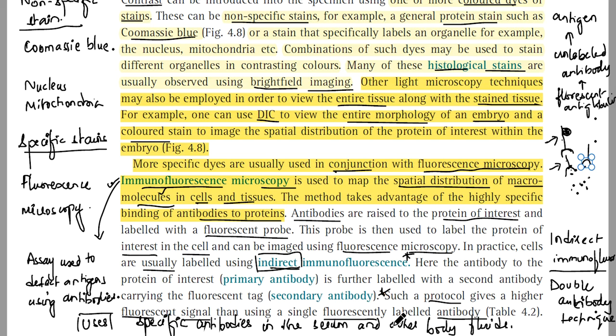Just remember the difference: in the direct one, the fluorescence is added to the first antibody. There is no secondary antibody, only the primary antibody, with fluorescence added to it. But in the indirect one, the fluorescence is added to the secondary antibody. And why is indirect more preferred? Because it gives a higher fluorescent signal than using the single fluorescent labeled antibody.